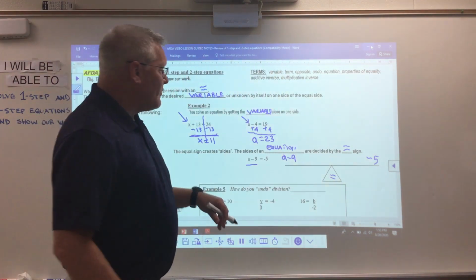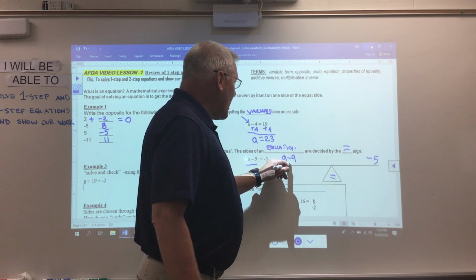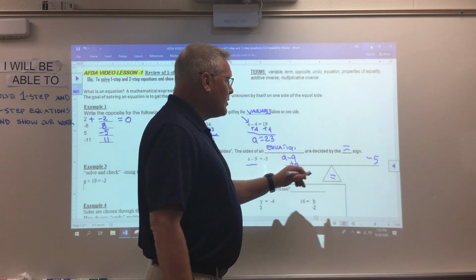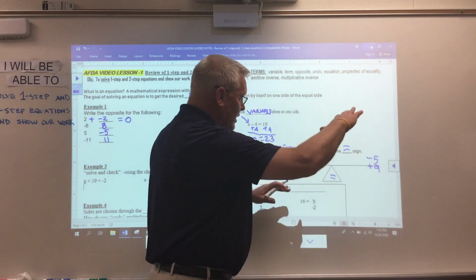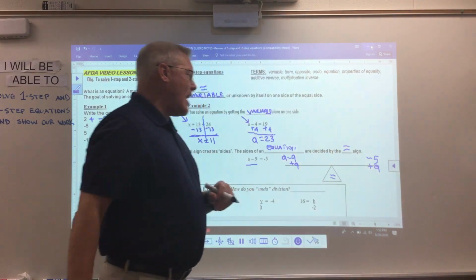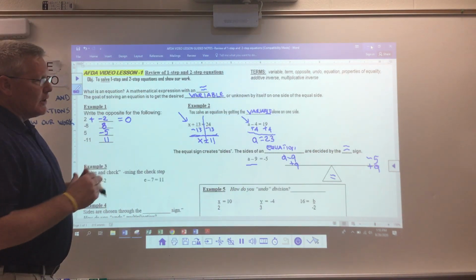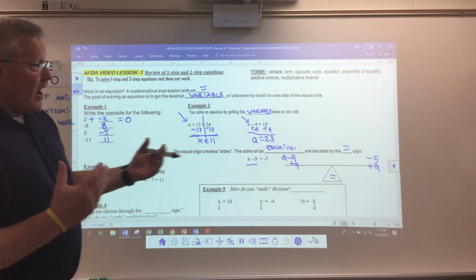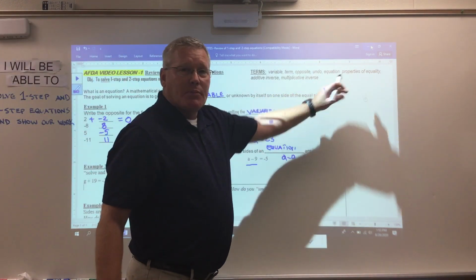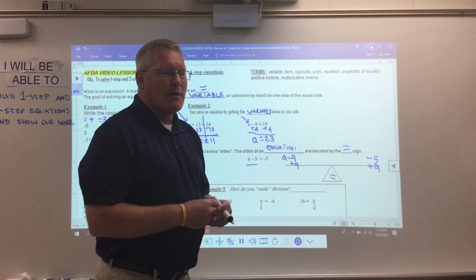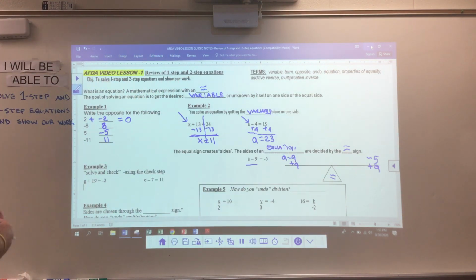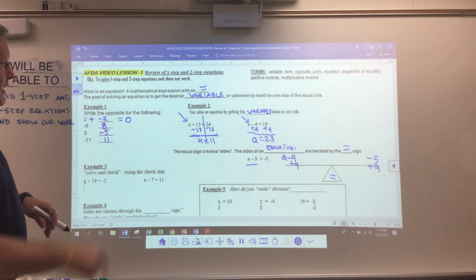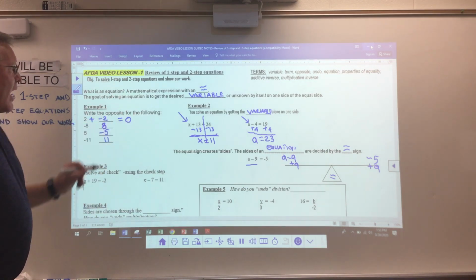So as you solve these, you might put a plus 9 on that side, and have to keep this thing balanced by putting a plus 9 on that side. And again, that's an illustration of not only a triple beam balance, but our properties of equality, which you might remember: what I do to one side of the equation, I do to the other side of the equation.